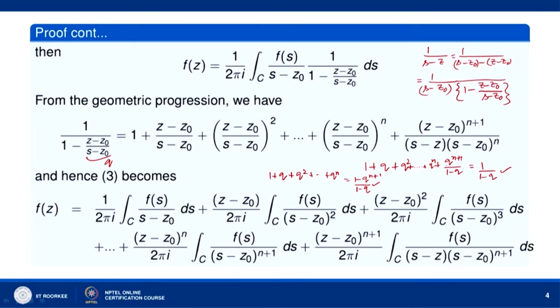So, q to the power n over 1 minus q. So, we have q to the power n plus 1 upon 1 minus q, which means (z minus z naught) over (s minus z naught) raised to the power n plus 1, and 1 over 1 minus q, where q is equal to (z minus z naught) upon (s minus z naught).